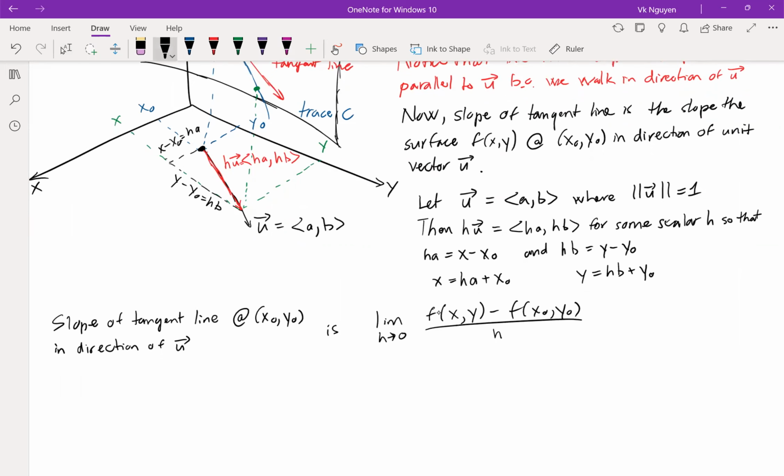Slope of tangent line at x naught, y naught in the direction of the unit vector u is way too long, so there's a better name, right?